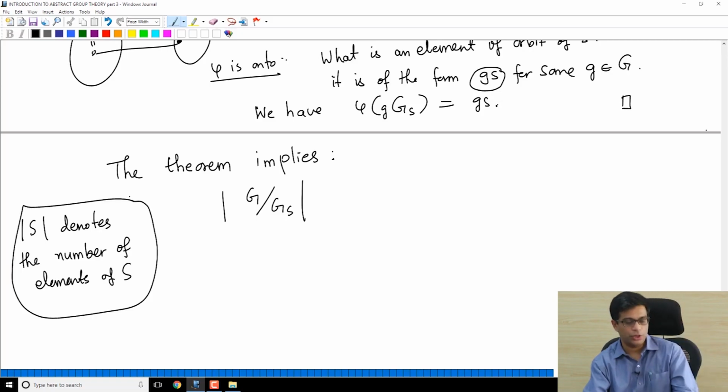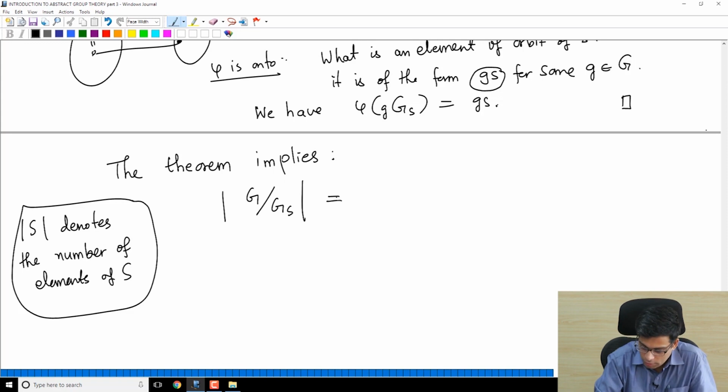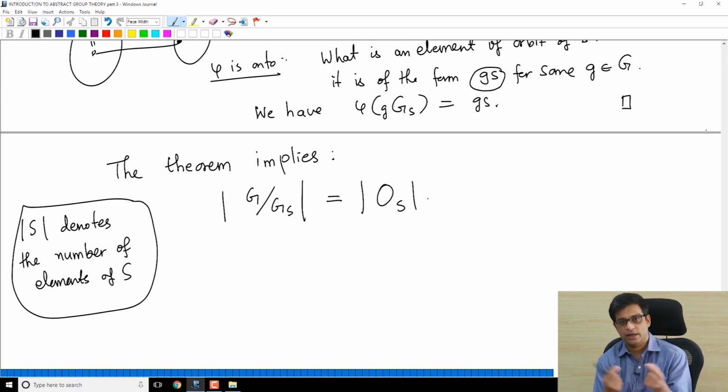We have used that to denote the order of a group, so let's extend it to denote the order of any set, or the cardinality of any set. So if two sets are in bijection, then the number of elements in those two sets are equal.